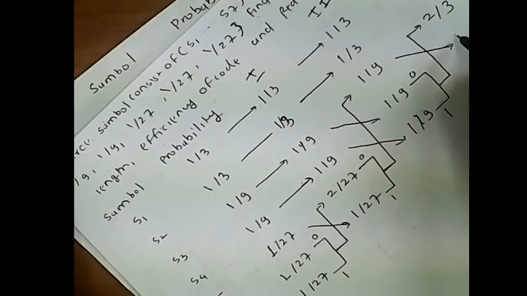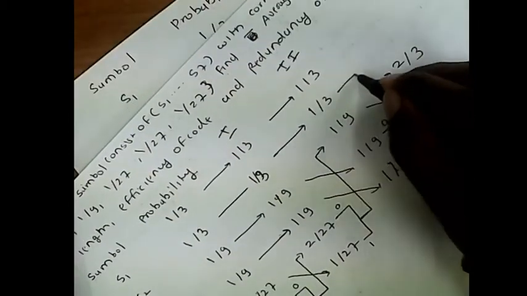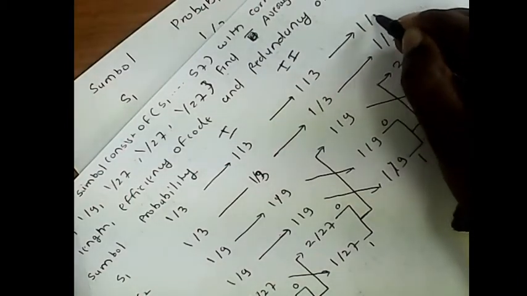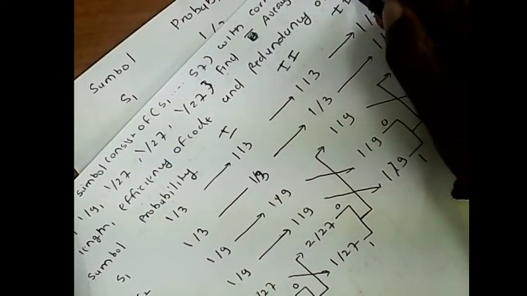Then the remaining probability is written as it is, 1/3. This is reduction step 3.